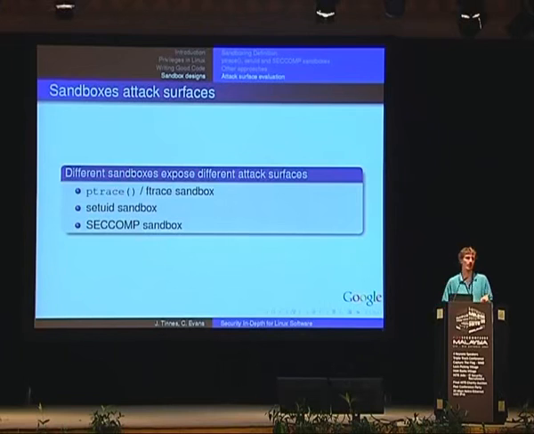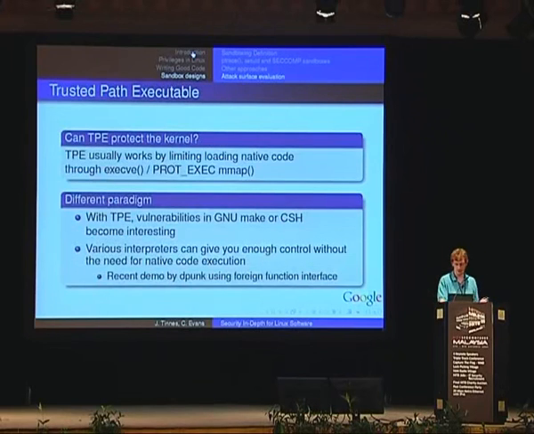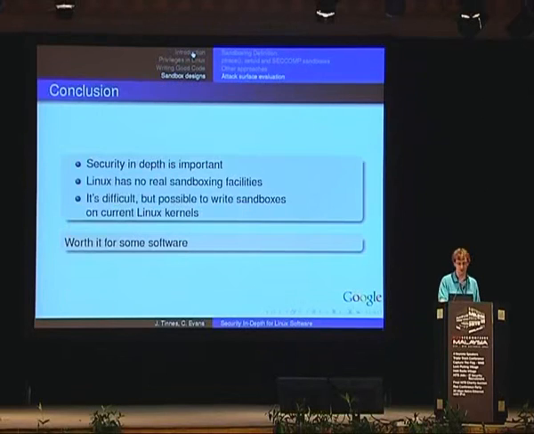In the SUID sandbox, we unfortunately cannot protect the kernel. But the fact that we are chrooted still prevents some particular bug exploitation through SUID binaries. Okay, I will not mention trusted path executable because we are running out of time, but you can read about that or talk to us offline after the presentation.